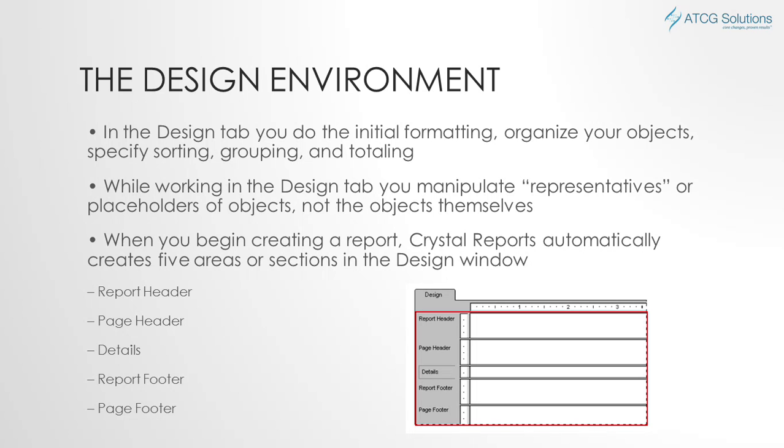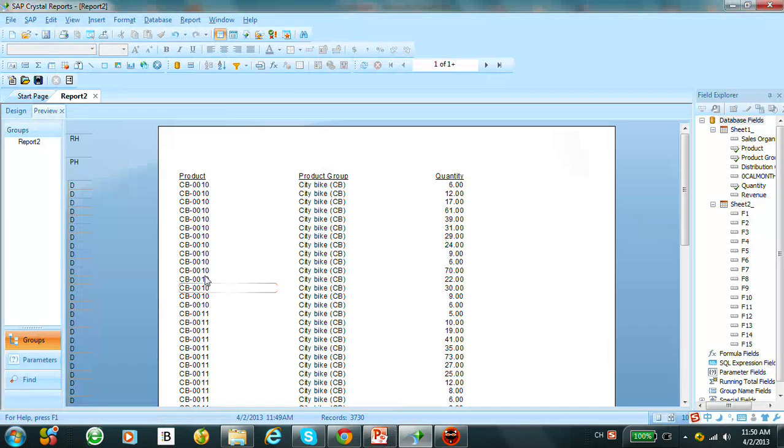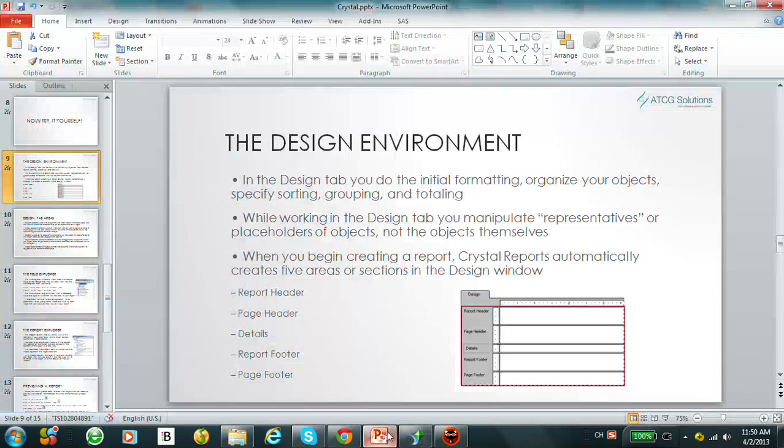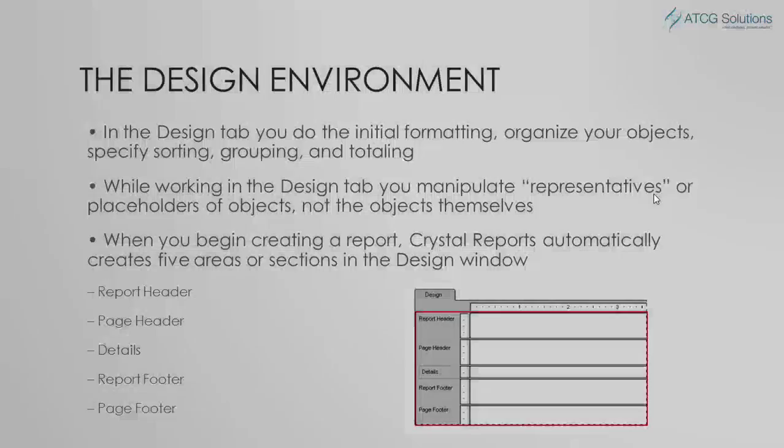When you begin creating a report, Crystal Reports automatically creates 5 areas or sections in the design window. In the design tab, we can see the report header, page header, details, report footer, and page footer. So what are those?